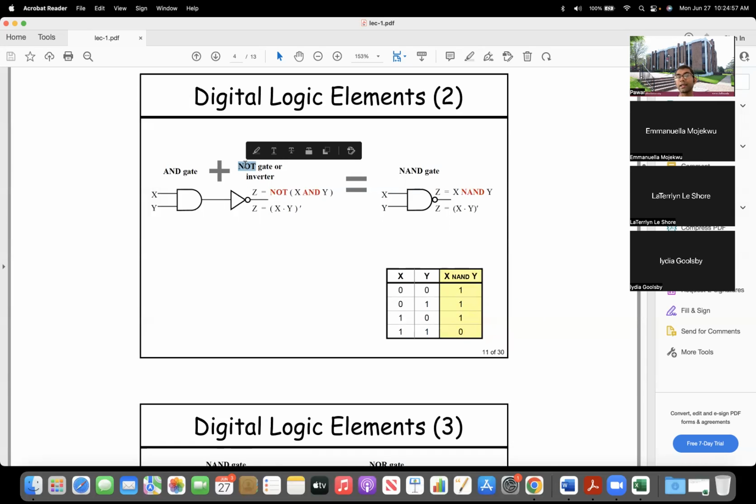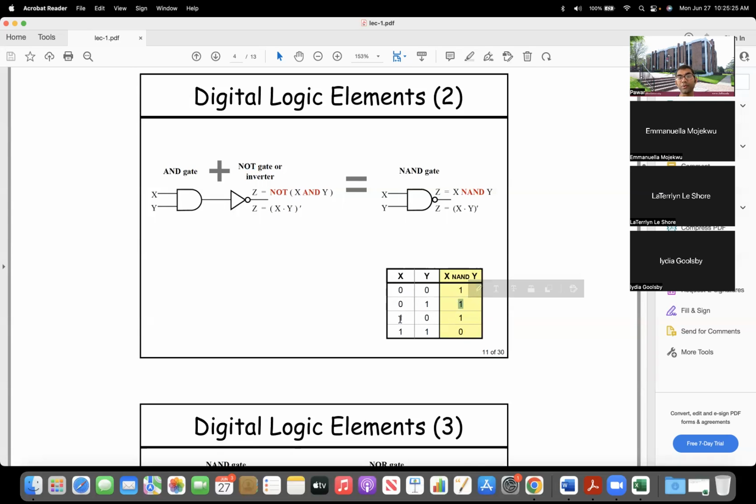NOT means exact opposite. So 0 multiplied by 0 for AND is 0, and NOT of 0 is 1. Again, 0 multiplied by 1 for AND is 0, but then you're following that with NOT, and the opposite of 0 is 1.